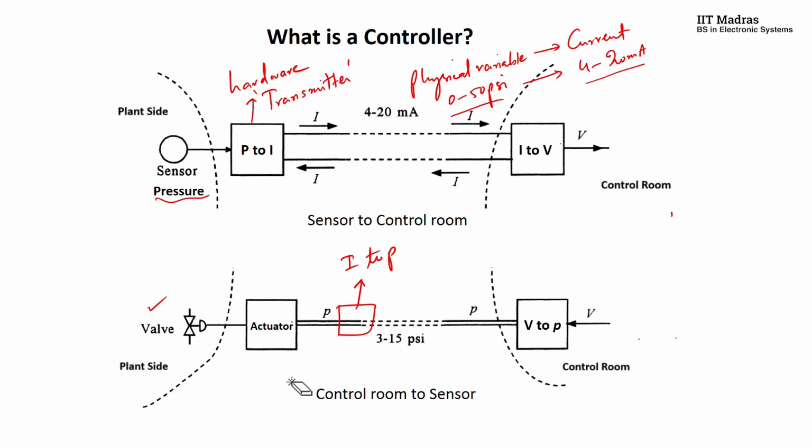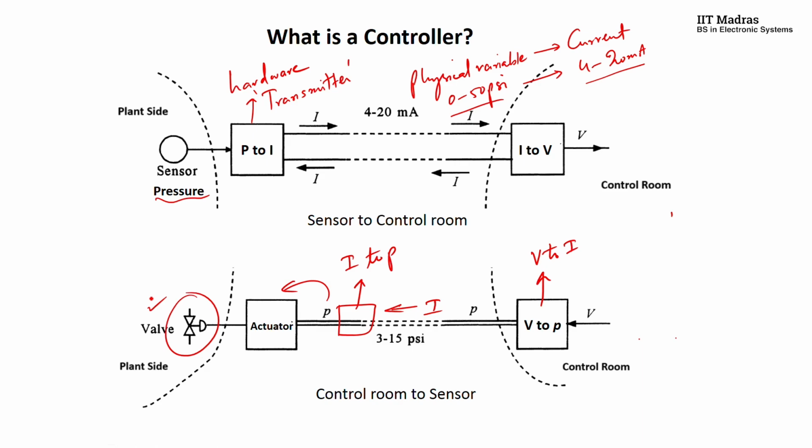So I would take voltage, then convert voltage to current. You transmit the current here, and then convert this current into pressure. This pressure will drive the actuator, and the actuator will control the final control element, which is the valve.